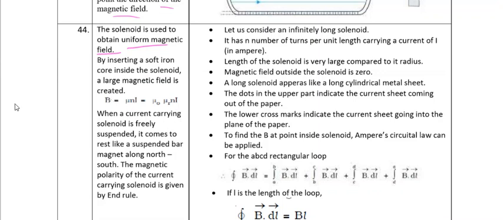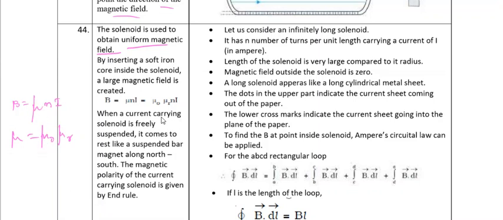Do you understand? That is B is equal to mu into N into I. And this mu is already known as mu naught into mu R. So we can express it in terms of relative permeability and permeability of free space for a certain medium, is it not right?